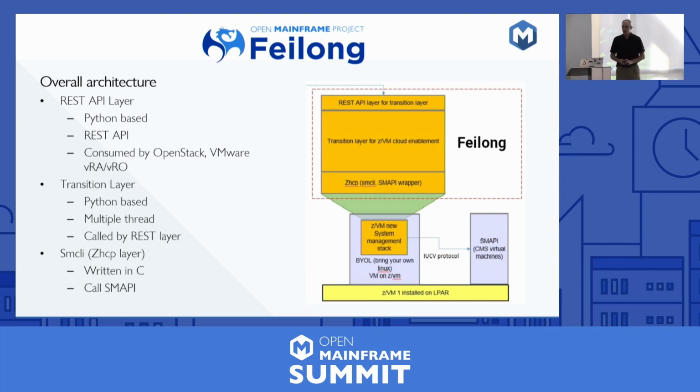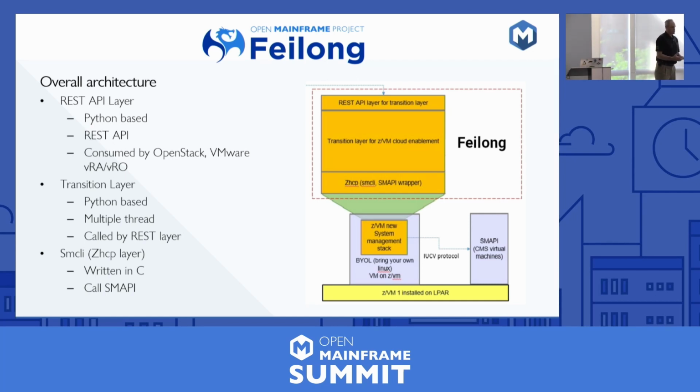The lower layer is called the SMCLI layer, also known as the ZHP layer. It is written in C, and it is what calls, in z/VM terminology, the SMAPI, the Systems Management API. So in z/VM, there is an API, SMAPI, but it's not so easy to interact with.